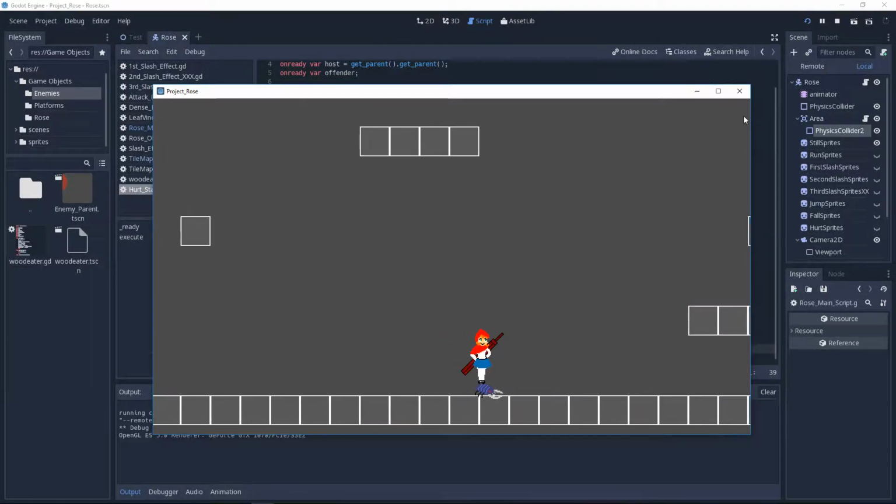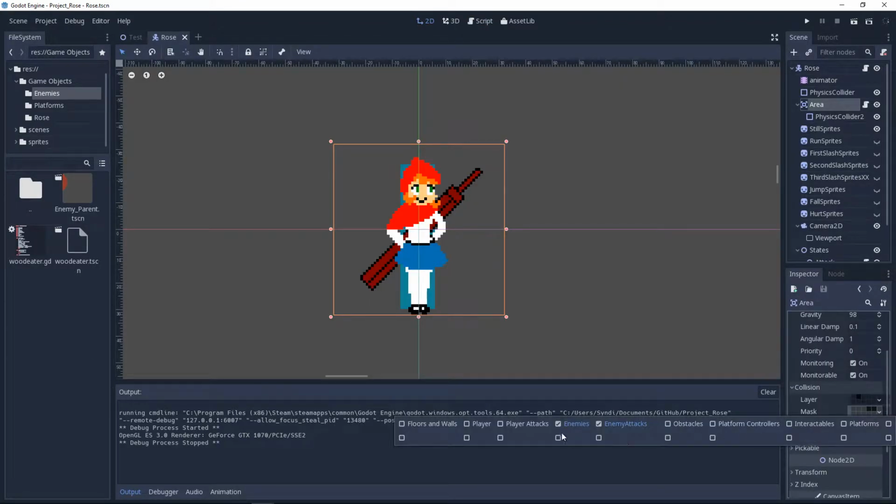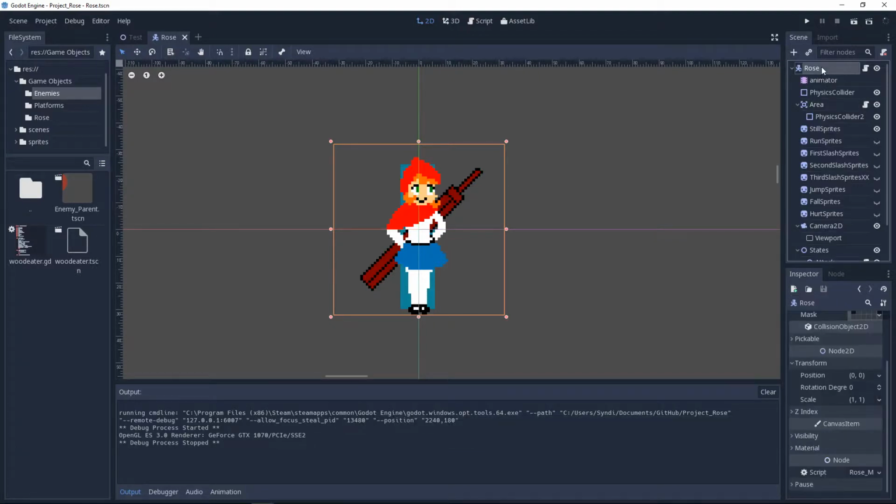You see, it's setting the host collision mask bit true for these two bits, and those two mask bits are the enemies and enemy attacks. So it's setting the host, which is the Rose kinematic body, to make that physics collider detect enemies.